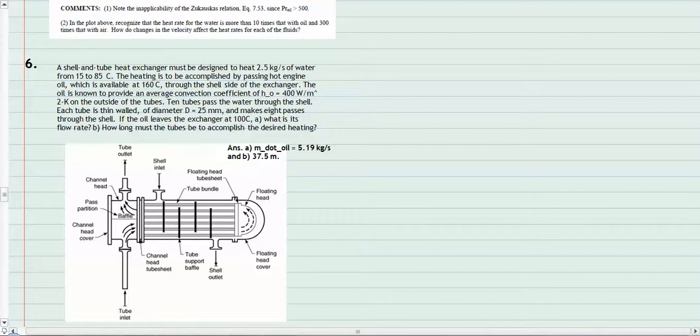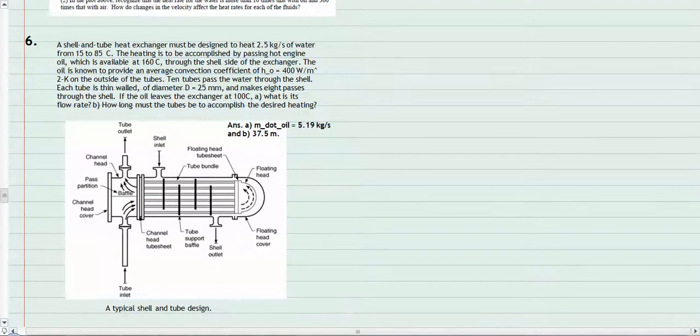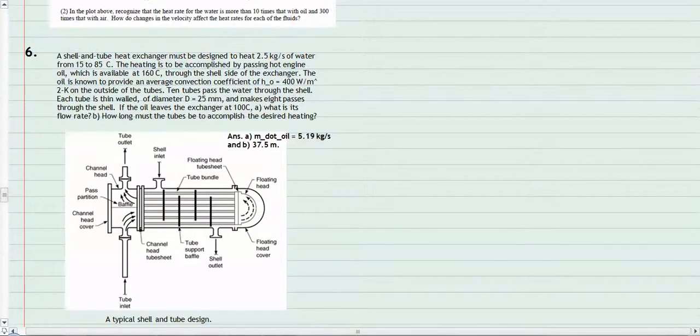Moving to the final problems. Problem 6 is very similar in nature to the blood heat exchanger problem. It is a shell and tube heat exchanger though, as opposed to a strictly unmixed cross flow.